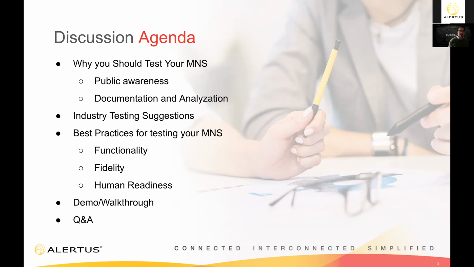For best practices in testing an MNS, we'll look at the functionality, fidelity, and human readiness. So what is your audience looking at? What are the volumes and visuals out there? And how well does it perform when you're doing your test? Then I'll quickly go into the console and show you a couple different places where you can set some of this up. And finally, we'll leave it to some Q&A.